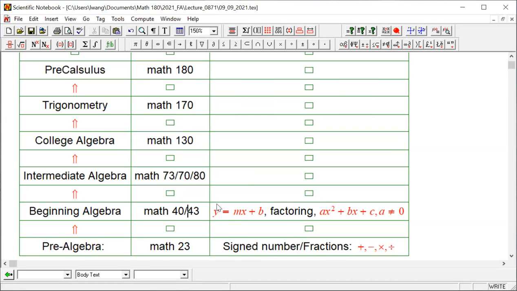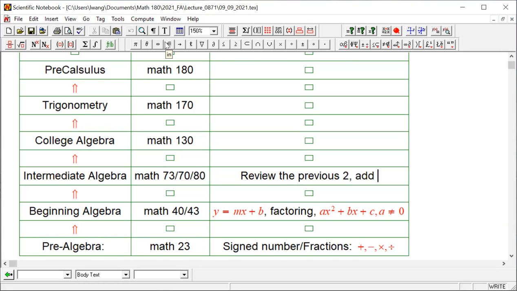Now, after beginning algebra, you do intermediate algebra. Intermediate algebra has a heavy part that is a review of the first two. I have taught all of these courses. So, review the previous two, and we're going to add some stuff.